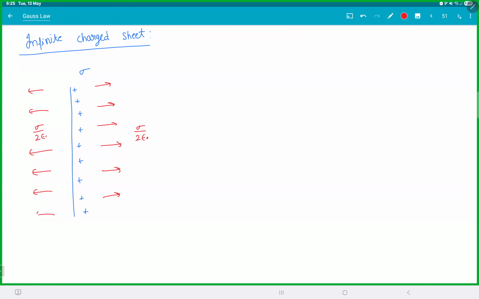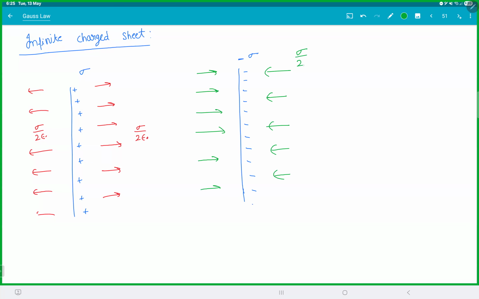If it's a negative charge, then the field will be towards the sheet. If this was minus sigma, then the field lines will go towards the sheet, sigma by 2 epsilon. What if it is an infinite plate?